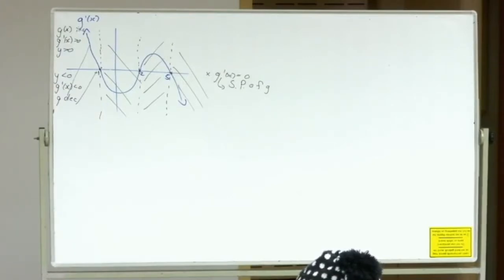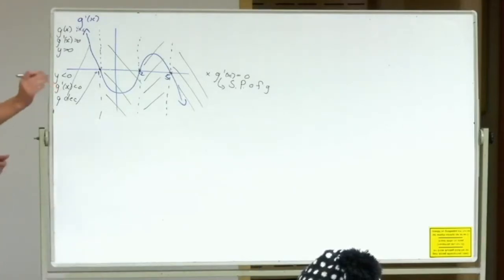But now I did specify that g(x) must have 2 roots. So if I look at g, it means it's only allowed to cut the x-axis twice. Now please guys, now you can go mad. You can draw it in quite a few different ways.